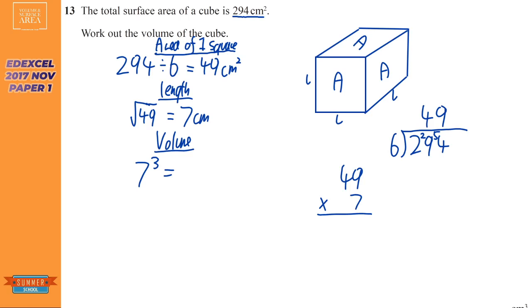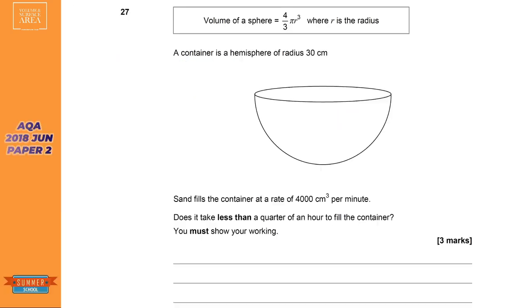So 9 times 7 is 63, and 7 times 4 is 28, plus the 6 is 34. So the answer would be 343 centimetres cubed. As I said, we're not picking particularly easy questions today, and this was on a non-calculator paper. That's why I've shown all my working out.